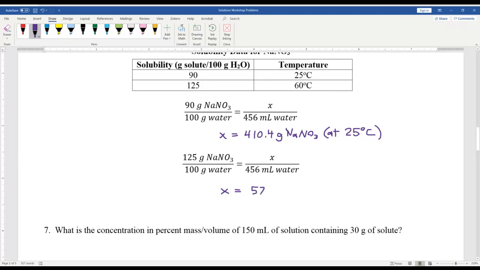All right. Yeah, 570 grams of, no, I mean of sodium nitrate, NaNO3. So we made a saturated solution at 25 degrees Celsius, which means we used 410.4, or roughly just 410 grams of sodium nitrate. However, if we wanted to make it a saturated solution at 60 degrees Celsius, how much more would we have to add?